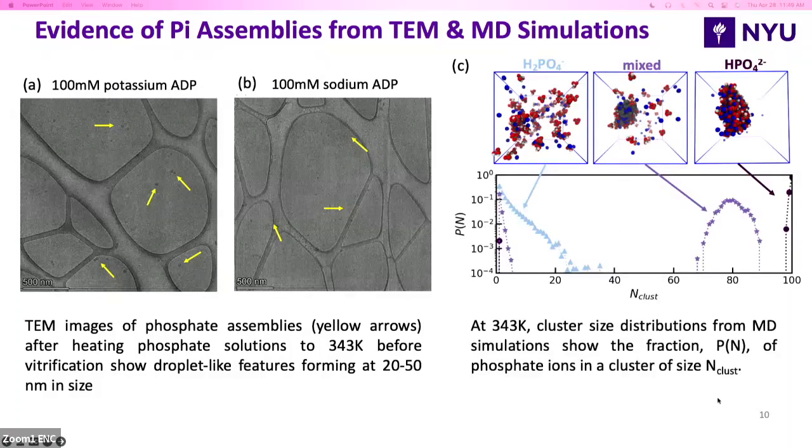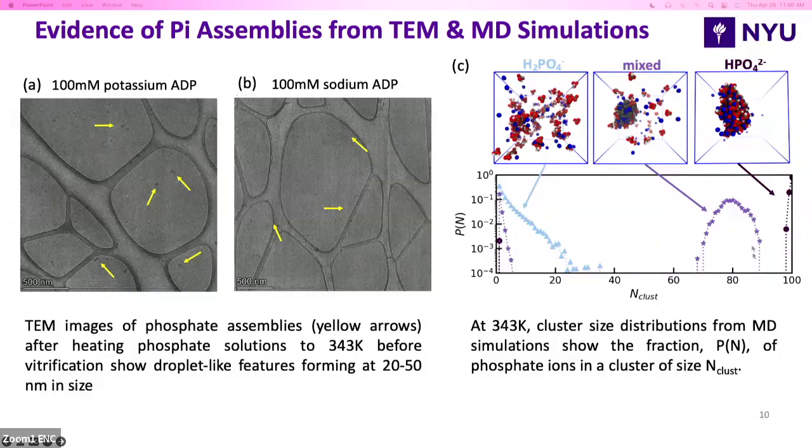And we next use MD simulation to see whether the monomeric phosphate species can form stable clusters as well. And we simulated 3 different solutions: monohydrogen phosphate, dihydrogen phosphate, and the 1-to-1 mixture of these 2 phosphate species. At 343K, the cluster distribution of the phosphate system is represented as the free fraction Pn of the phosphate ions in a cluster of size n.